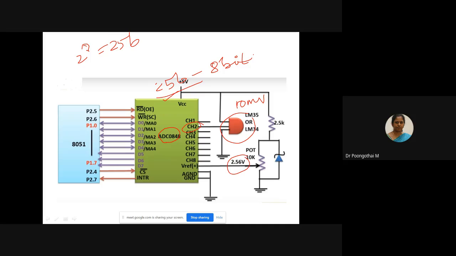So 256 into 10 millivolt output is 2560 millivolt, that is equal to 2.56 volts. So that will be your reference voltage. In order to produce a full scale V out of 2.56 volts for the ADC, we need to set V reference to 2.56.